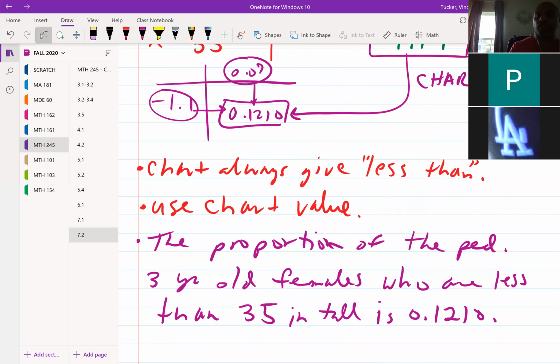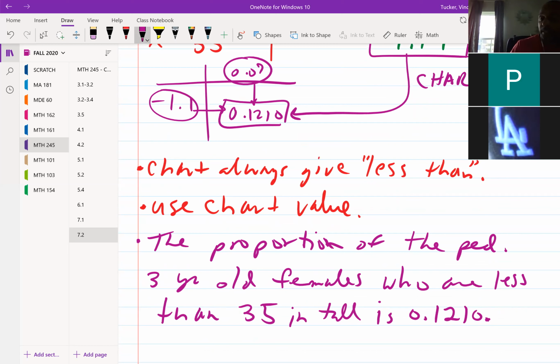So if you had to write the answer in sentence form, the proportion of the pediatrician's 3-year-old females who are less than 35 inches tall is 0.1210. Also, they could have said shorter than.